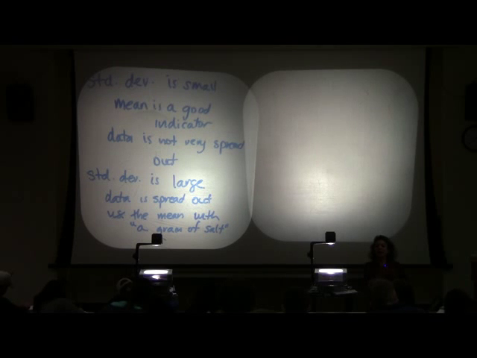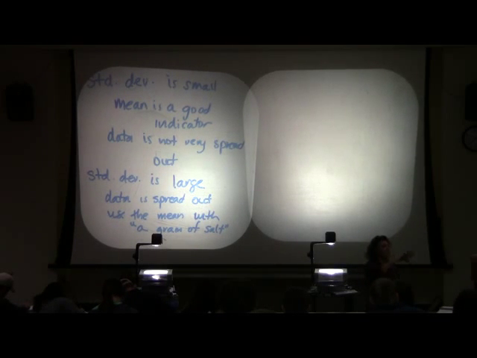So really what you have to look at in order to know how spread out your data is usually comparing two different standard deviations. Okay? That usually gives you a much better indicator.